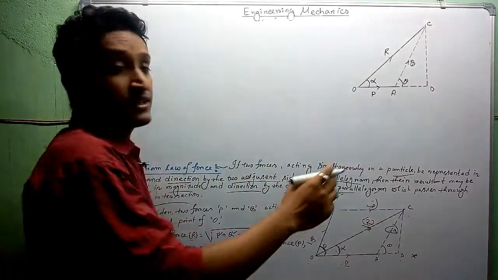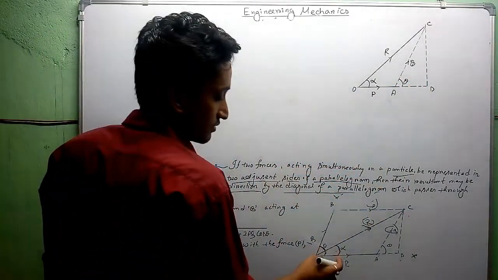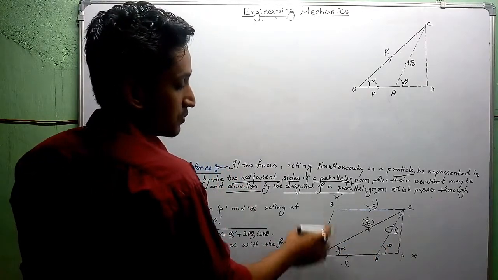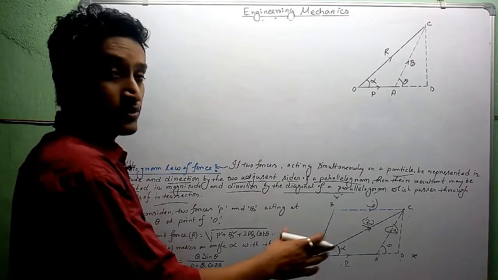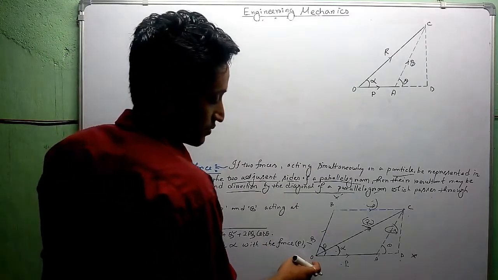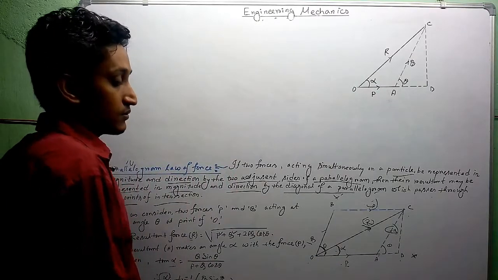OB and AC are parallel, two lines are parallel, and here OA is the common intersection of the two parallel lines.